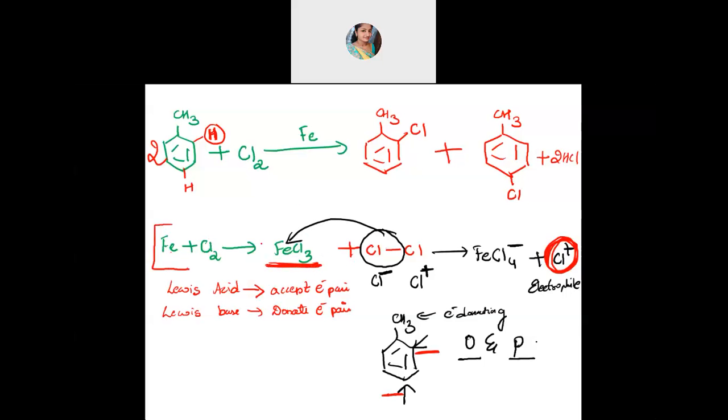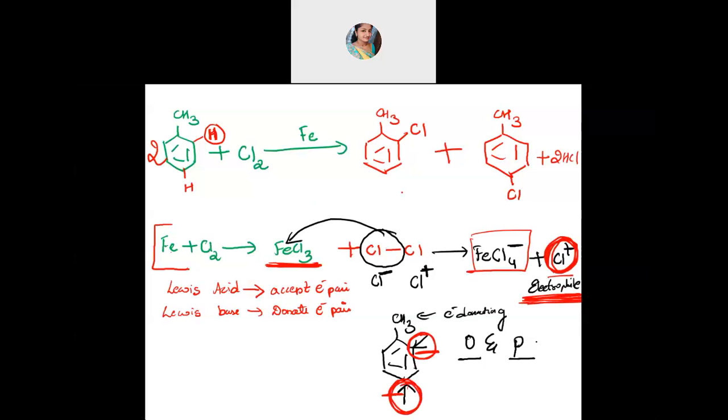Being unstable, having only 3 bonds, it tries to attain the octet structure by combining with another chlorine molecule. It breaks that bond, takes that whole Cl minus and gets converted to FeCl4 minus, plus this Cl plus electrophile is generated. That electrophile will go and attack the benzene ring, at the ortho position and at the para position.